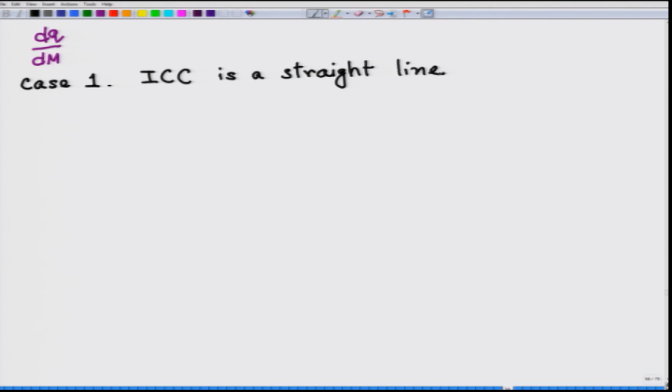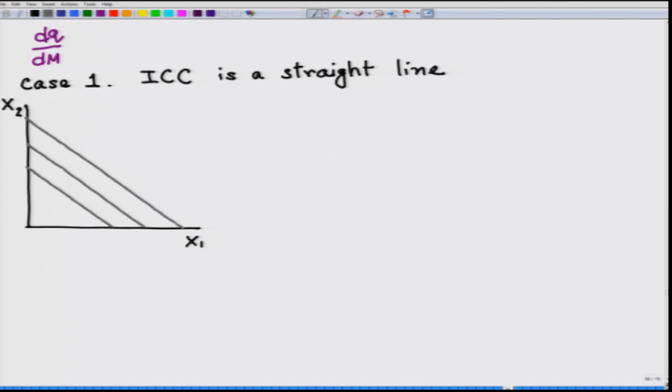So, in that case we have shifts in budget lines, increase in money income, and now we say that we obtain the tangency points with indifference curve in such a manner that the tangency points lie on a straight line.